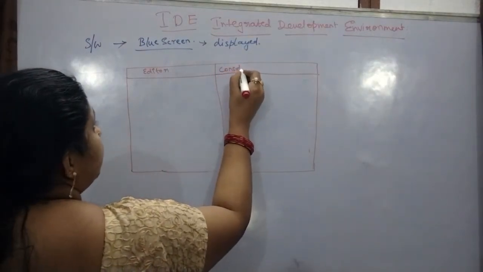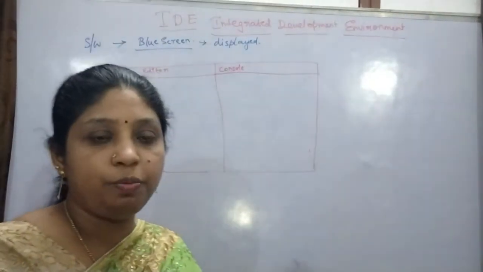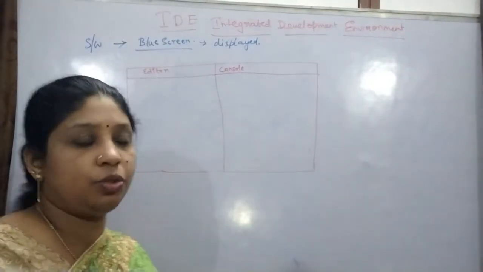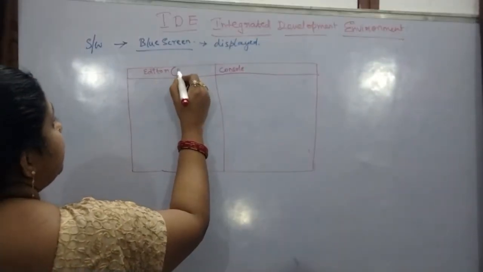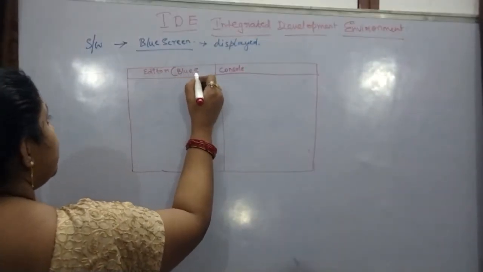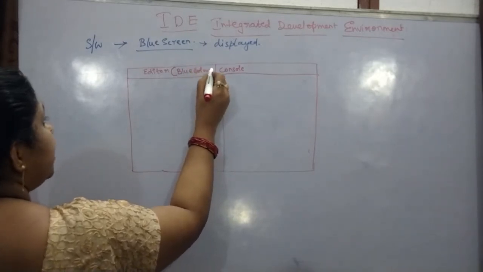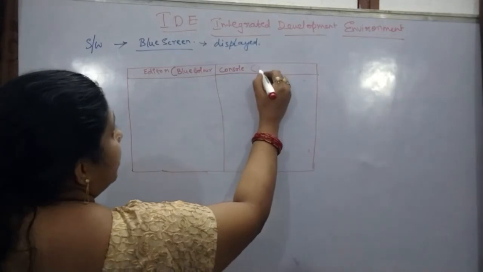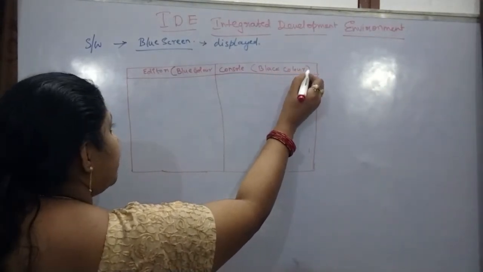Console is where you will get the outputs, or where the outputs will be displayed. The editor will be in blue color, and the console will be in black color.